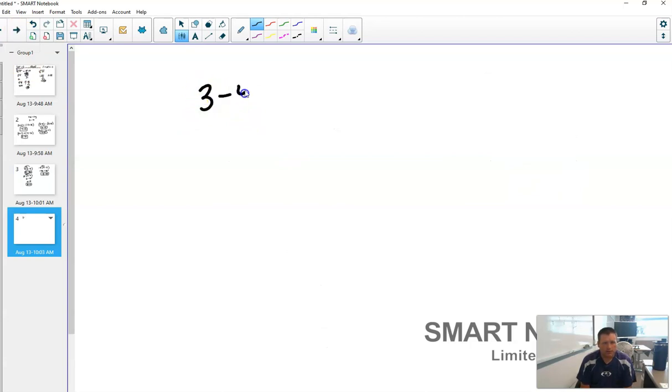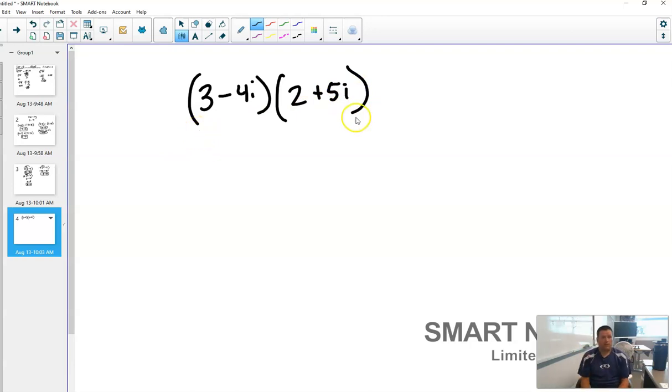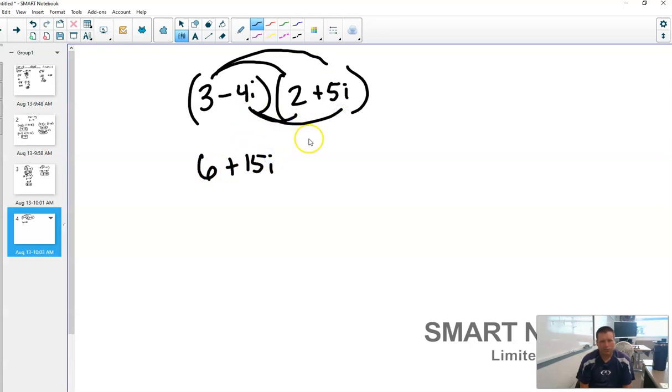So we have 3 minus 4i. And let's say we're timesing that to 2 plus 5i. Again, we're going to double distribute this and then simplify. It's double distribute. So 3's going to go through first. So that'll give me 6 plus 15i. And then I'm going to go to the negative 4i, which will give me negative 8i.